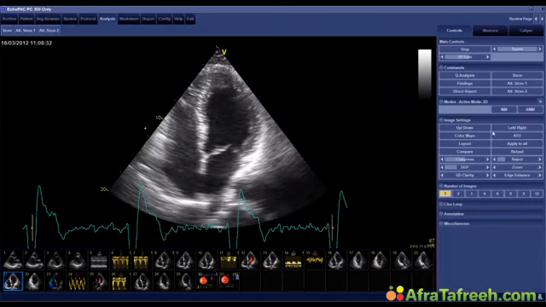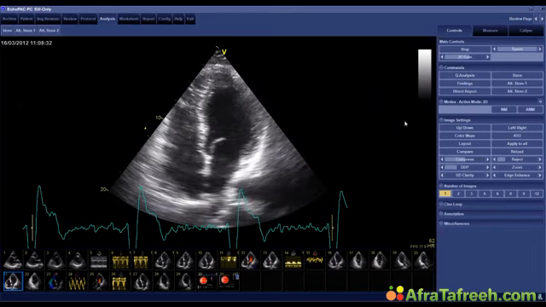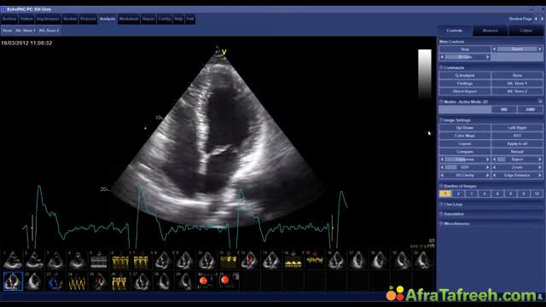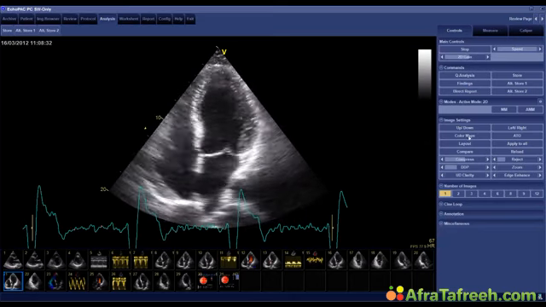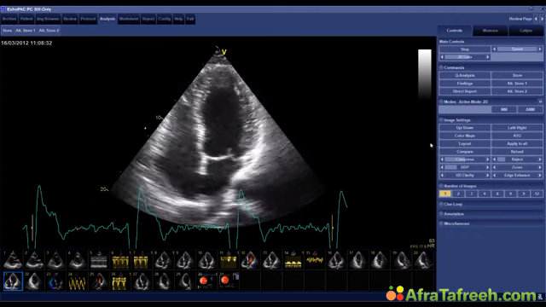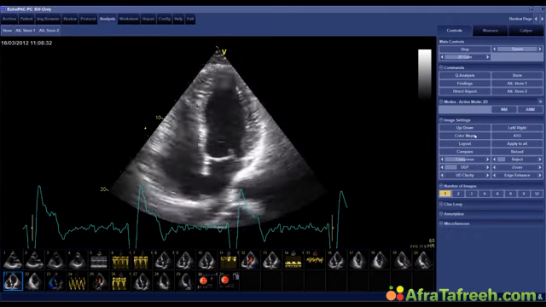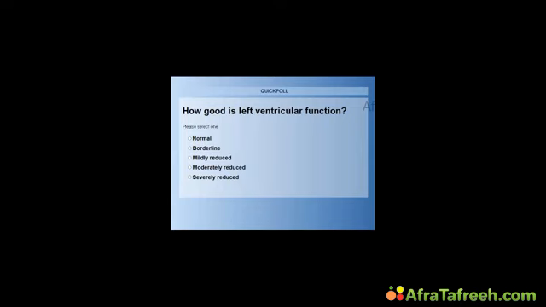Okay, so I'm going to ask you a question now, and I want you to tell me what you think left ventricular function is like. Hope you can see this now. Okay, so you have the possibility to actually answer this question. How good is left ventricular function?